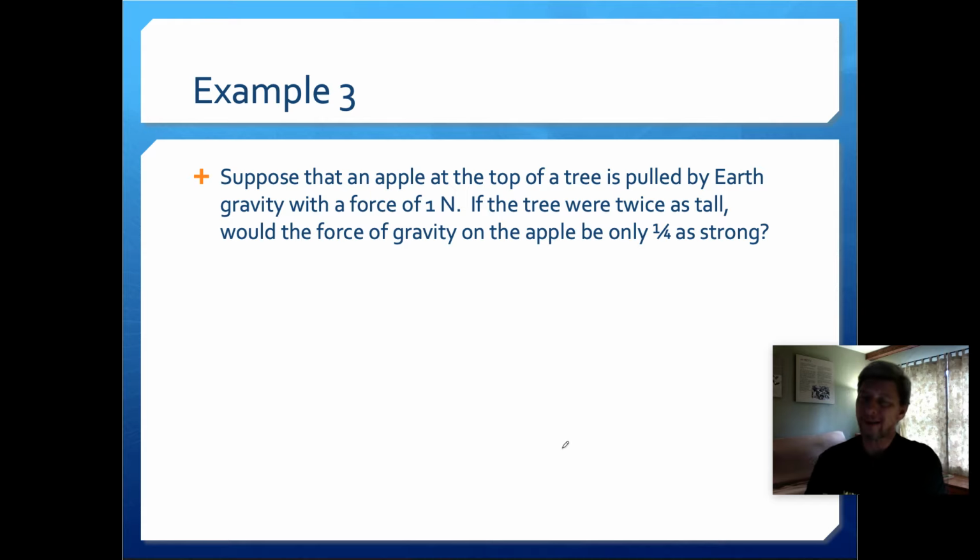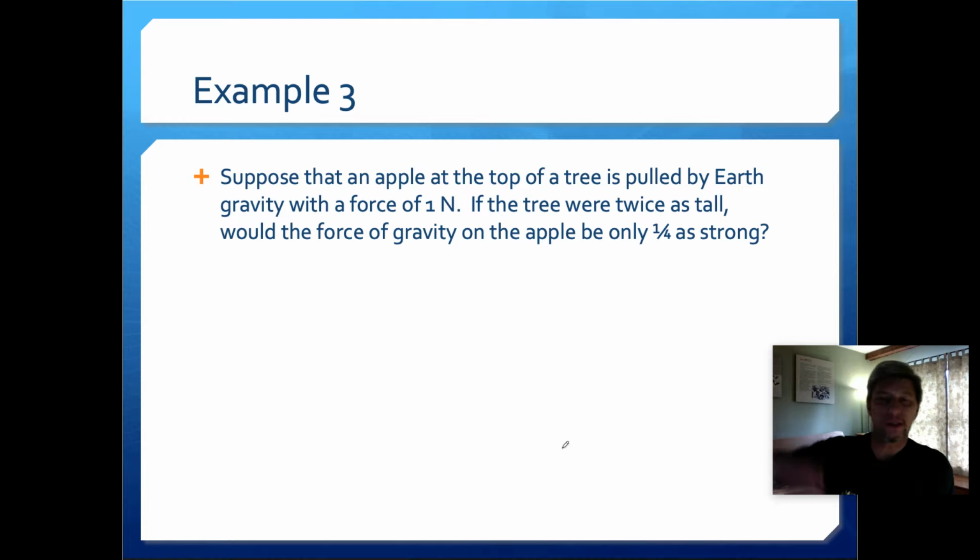Based on what I just told you, you would say yes, it must be. But you have to think that the center of gravity of the apple is in the middle of the apple somewhere. The center of gravity of the Earth is something like 3,000 kilometers from here.